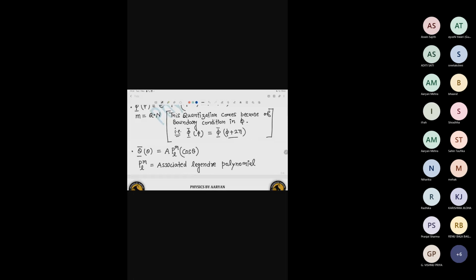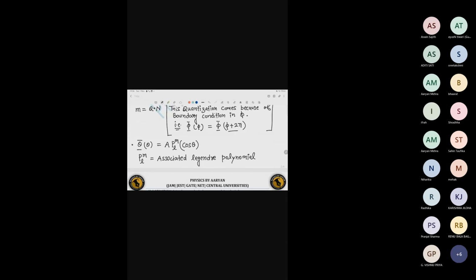Now moving to your theta part. Your theta part is actually not as simple as e raised to i m phi. It's not that simple. Your theta part is in terms of associated Legendre polynomials. If you try to do the derivation, you have to solve differential equations whose solutions are in terms of special functions.